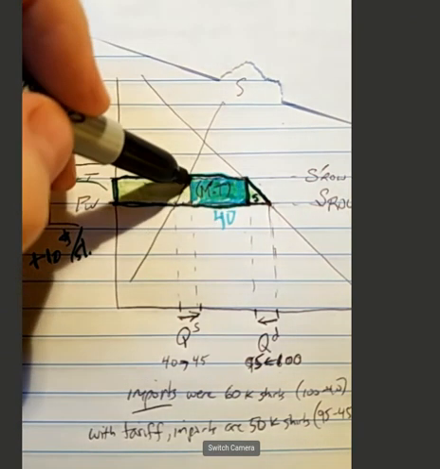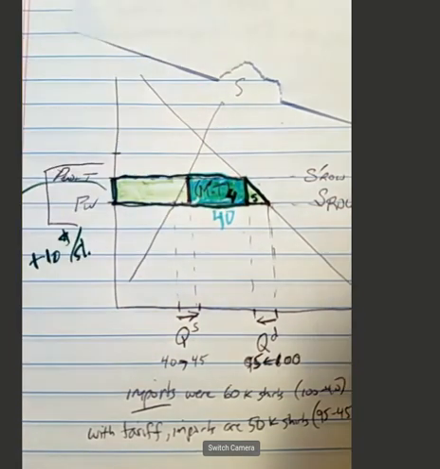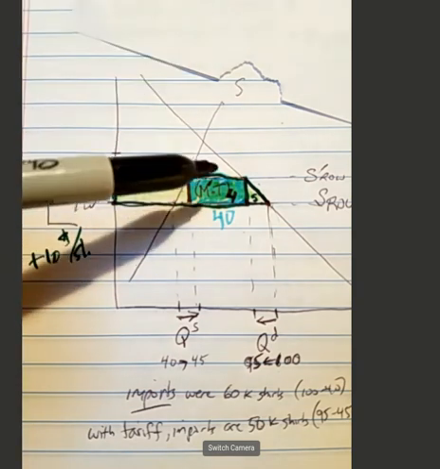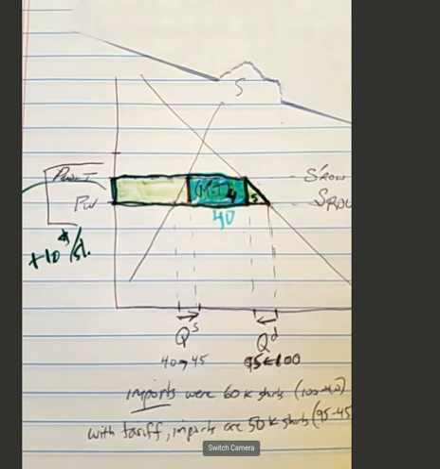Okay, let's label that area 4. These numbers go along with the graph on the website. Area 4, this rectangle representing the government's tariff revenue.